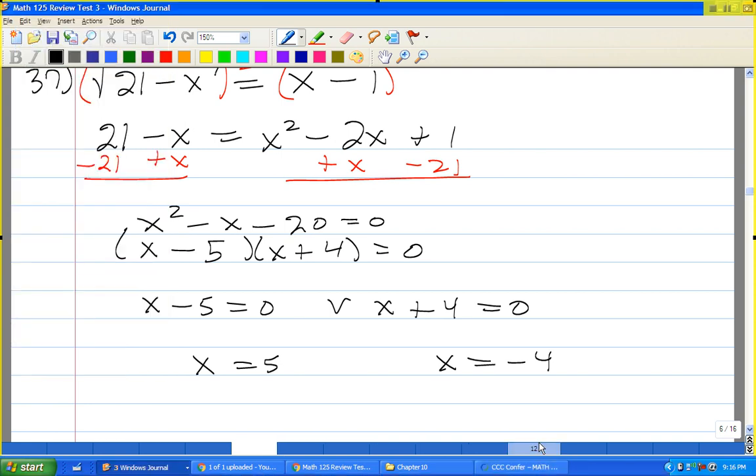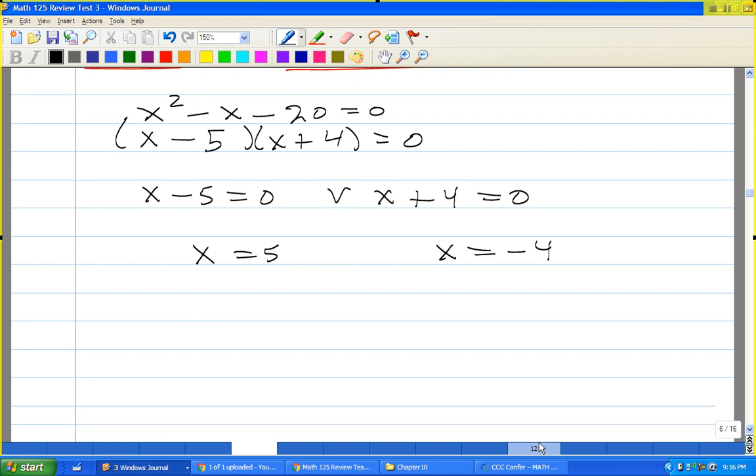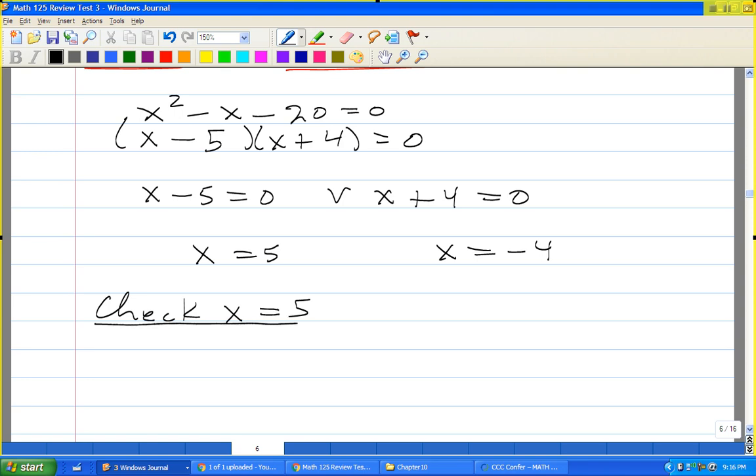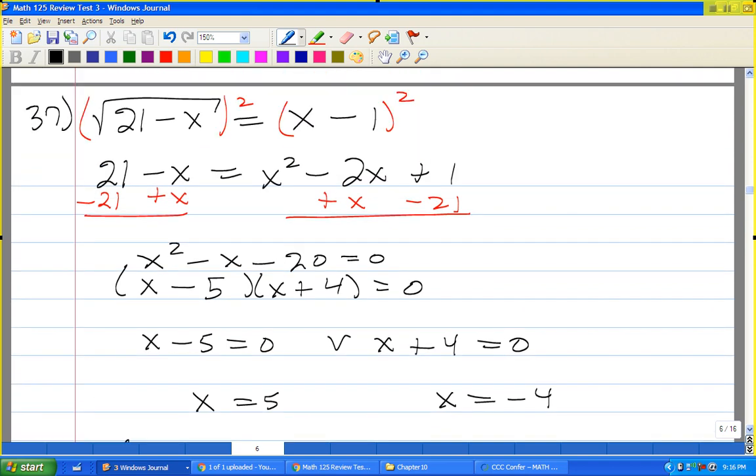And so now let's check. I'm going to have to check at two different places. Let's check x equals 5. And so this is 37.